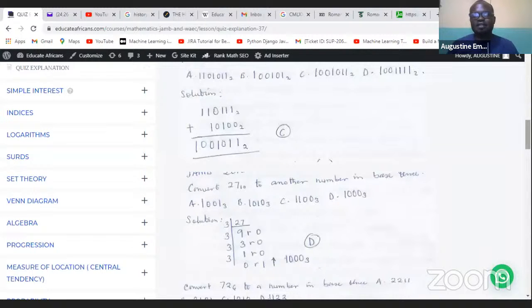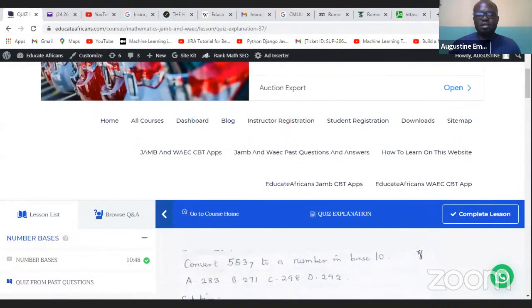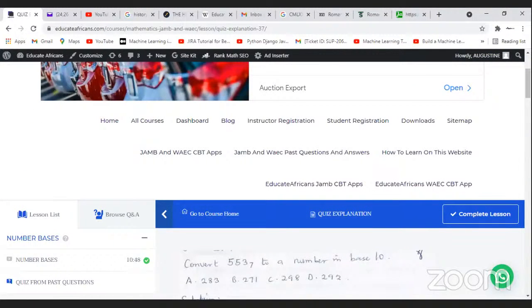But like I said, if you're going to be working in computing, in programming, you're going to be using base 2. So in other fields in life, you can also use other bases. So your ability to convert from one base to the other becomes very, very important.